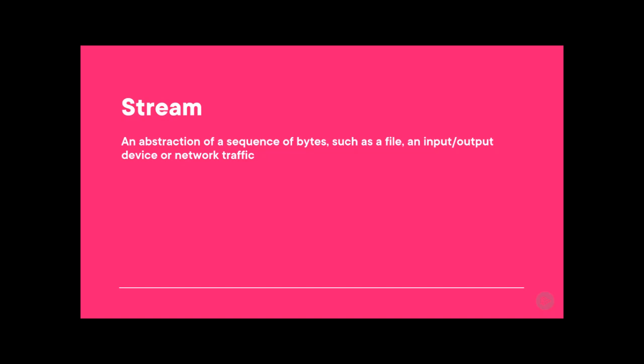So, what is a stream? It's an abstraction of a sequence of bytes, such as a file, an input-output device, or network traffic. The stream class and its derived classes provide a generic view of these different types of input and output. And like that, it isolates us from the specific details of the operating system and the underlying devices.